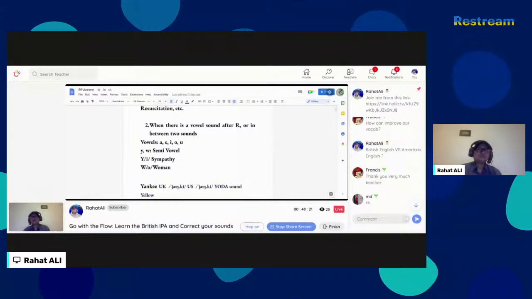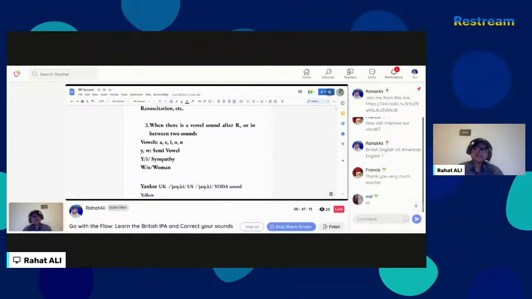The reason is that Y in most cases sounds like I, and W in most cases sounds like O. Okay, so once again, A, E, I, O, U, these are the 5 vowel letters.